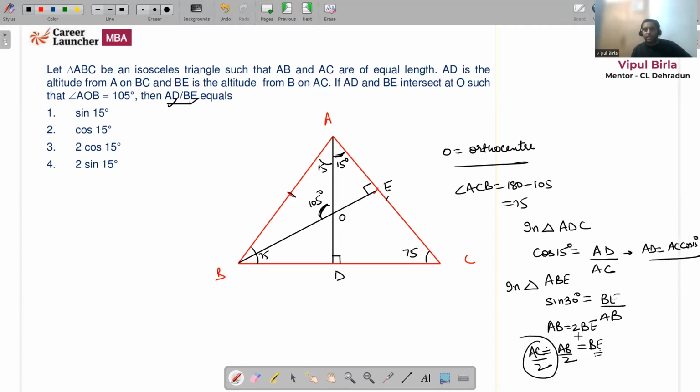The question says AD upon BE. Hence, AD upon BE will be equal to AC cos 15 upon AC by 2, AC and AC will cancel, and we end up getting 2 cos 15, which is the answer to this question.